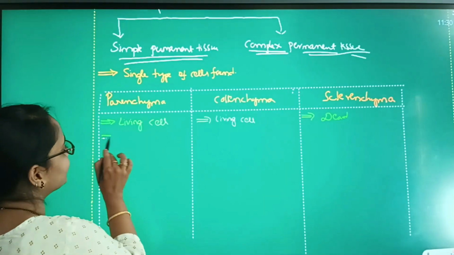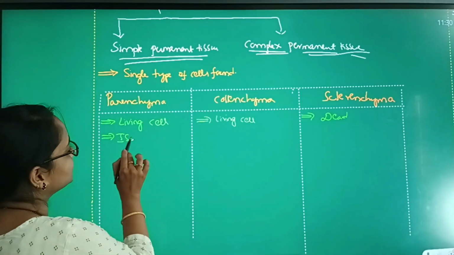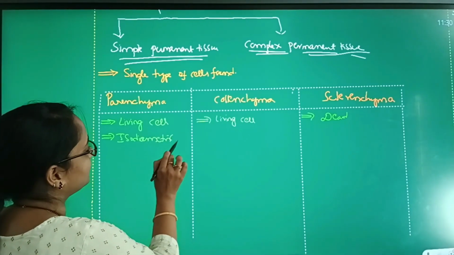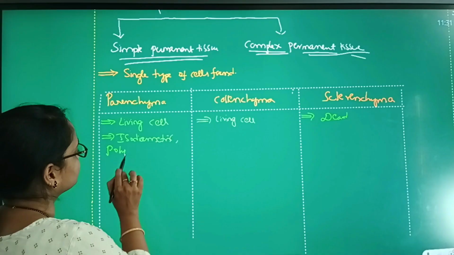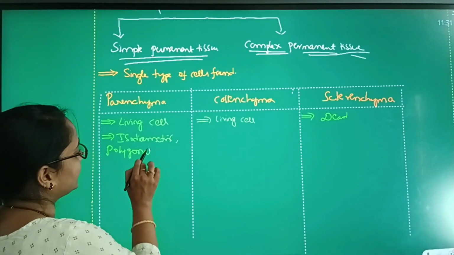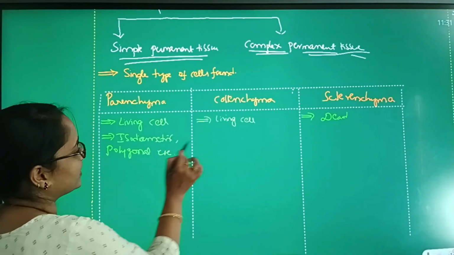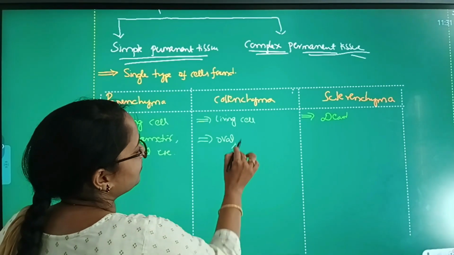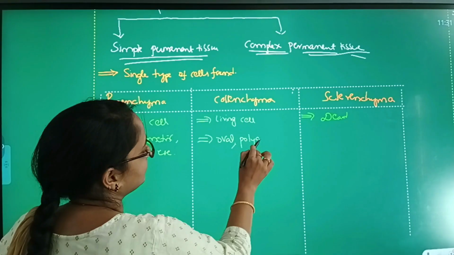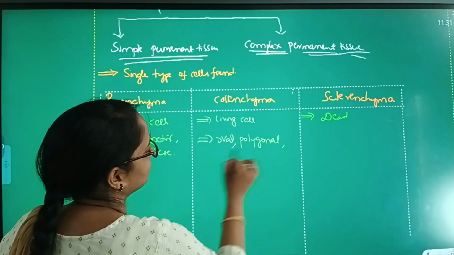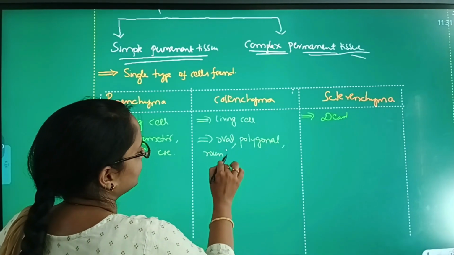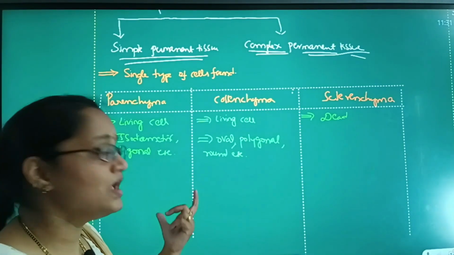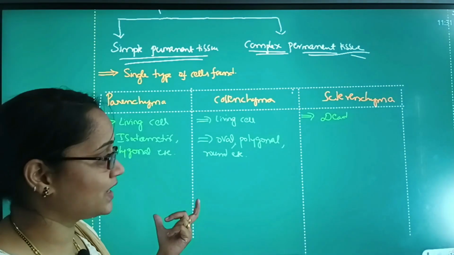Parenchyma cells are isodiametric or polygonal in shape. Collenchyma cells can be oval, polygonal, or round. Based on the function they perform and the location, their cell shape gets organized.